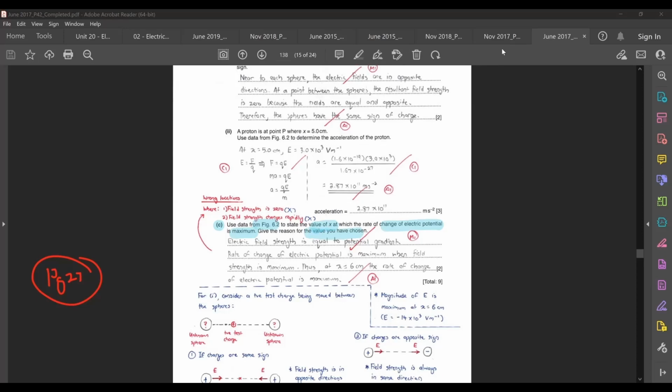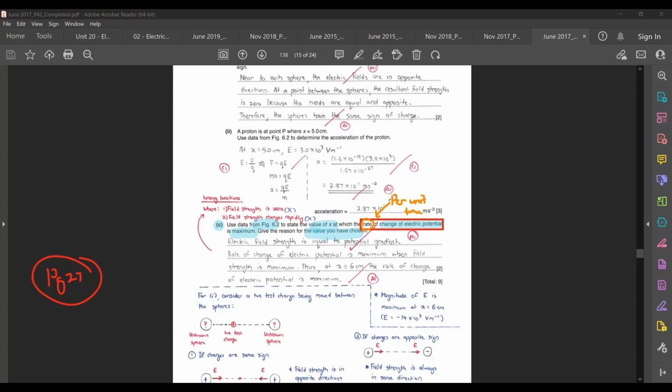Now, this part here is where you need to be careful a bit. Last time I told you, whenever you see the mention of rate of change of something, rate by right means per unit time.